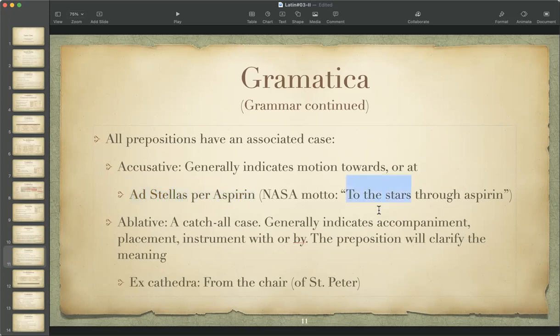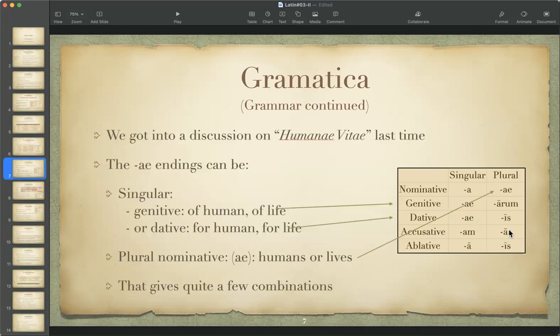That indicates motion. We're going to the stars. So stella, star, stellae, plural, stars. But stellas, if we go back to our little table here, we find that is plural accusative.